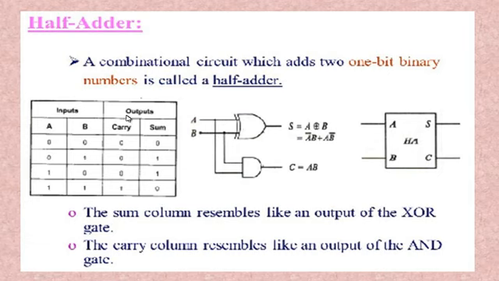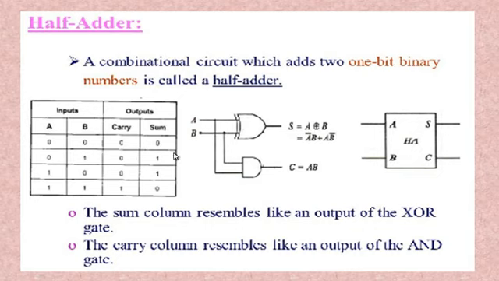By analyzing the column of carry, this is the output of an AND gate. When both the inputs are high, the output will be high. In the same way, by analyzing the output column of sum, either A is true or B is true, then Y is true.